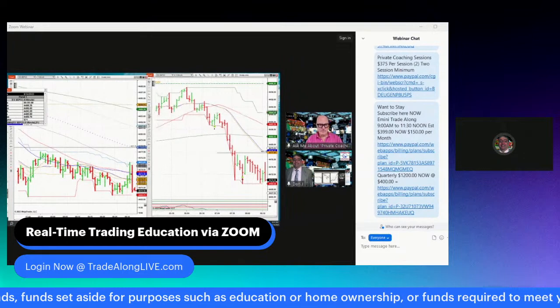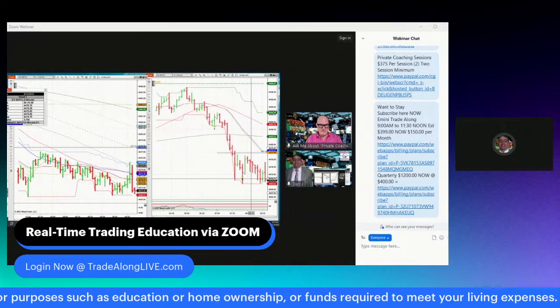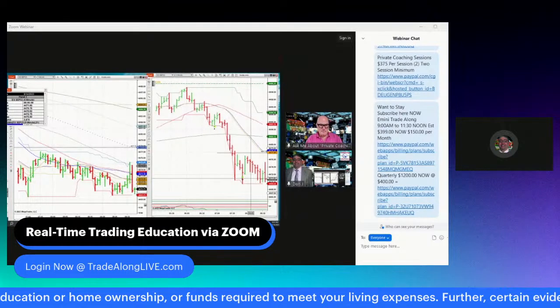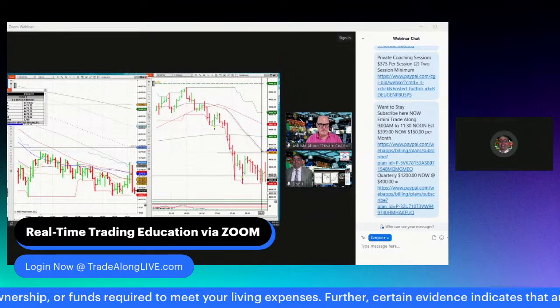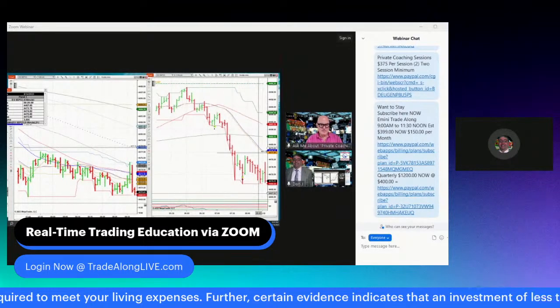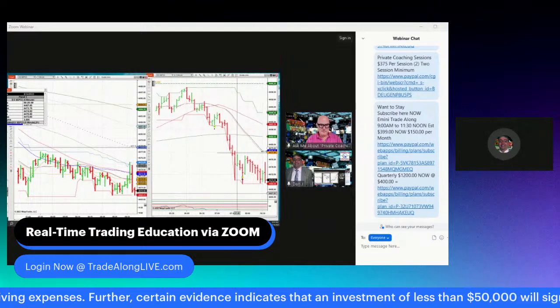Well, we are coming down to our pivot. I'm going to see what it's going to want to do with our pivot. We've got a little support down here at 63 before we get to the 52.